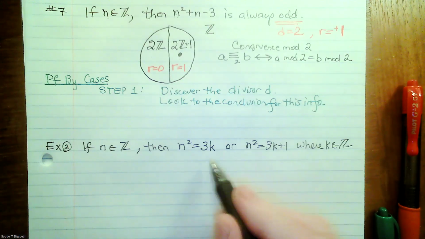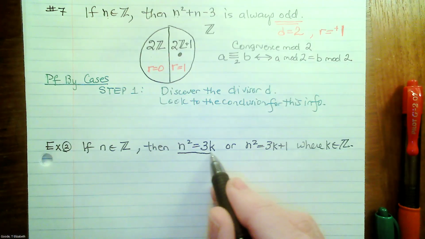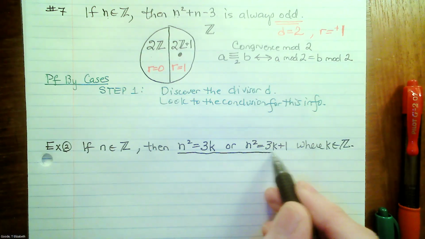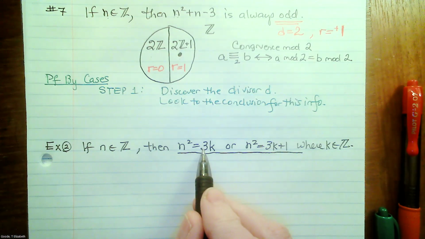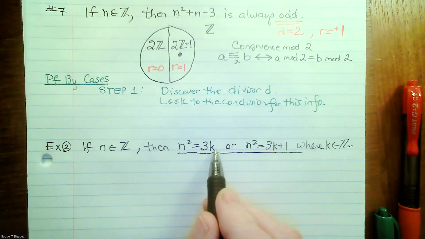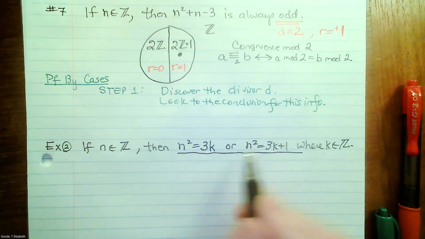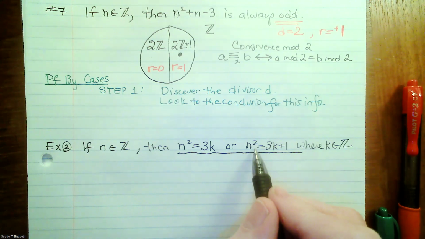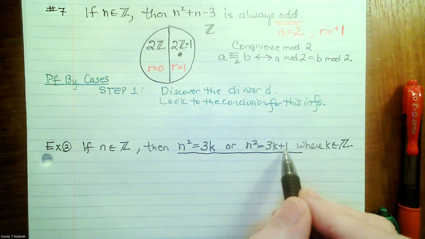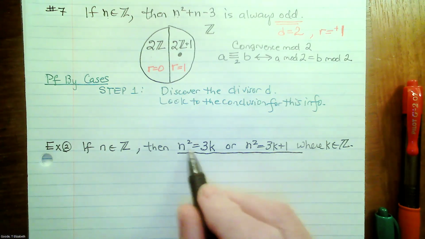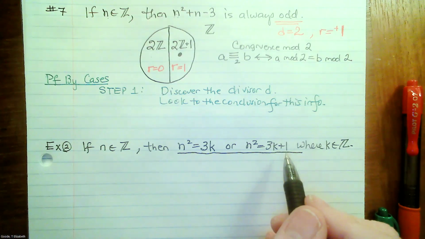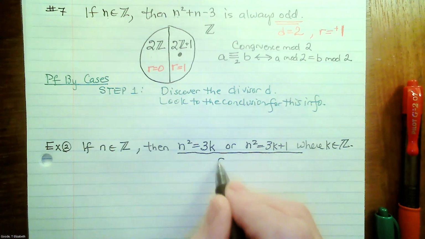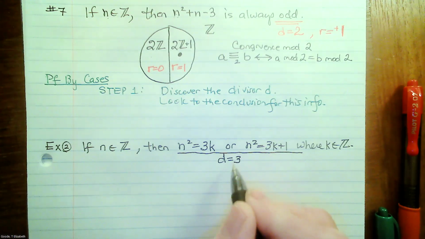When we look at this conclusion, we're saying that if we divide n squared by 3, we're either going to get a remainder of 0, in other words, n squared is a multiple of 3, it's 3 times k, or a remainder of 1 when it's divided by 3. In other words, this statement says when you divide a perfect square by 3, you will never get a remainder of 2. So here, D is 3.